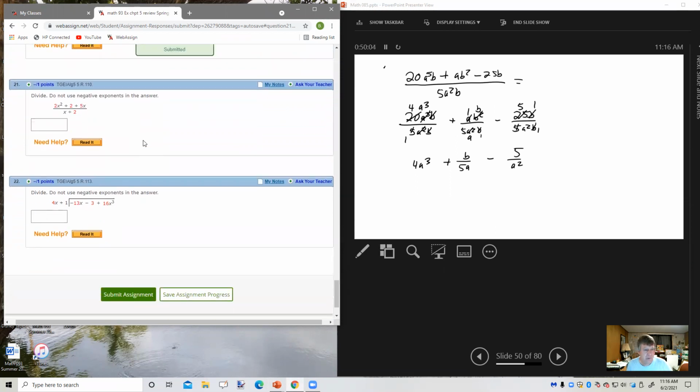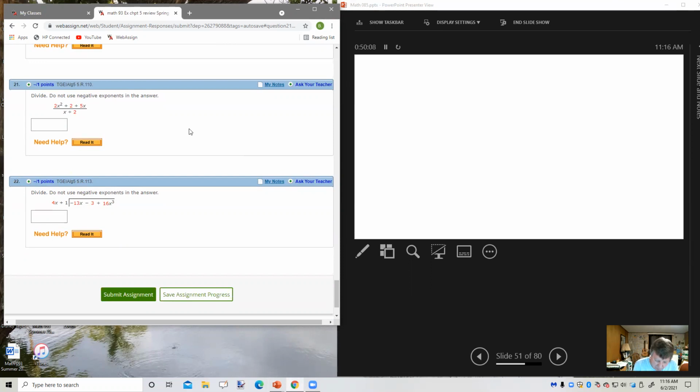Okay, two more. We have a polynomial divided by a polynomial. So outside, I'm going to have x plus 2. Inside, I'm going to rearrange the numerator in descending powers, 2x squared plus 5x plus 2. Okay.